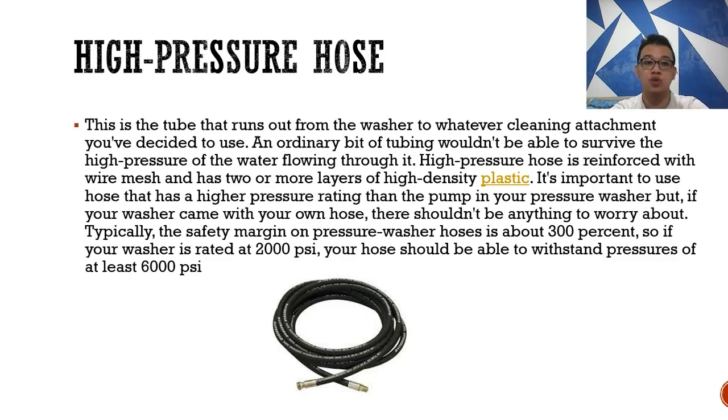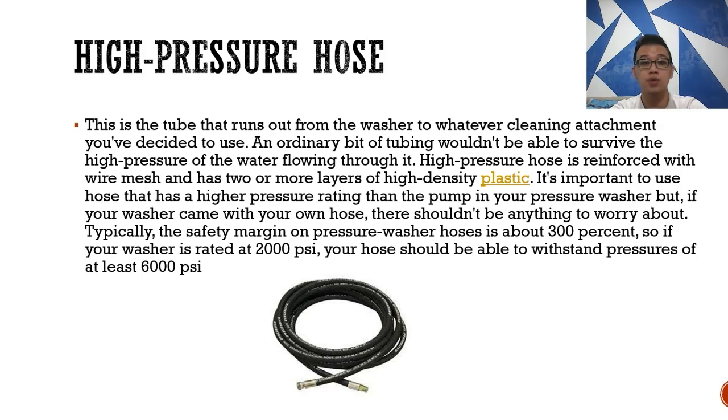High pressure hose. The high pressure hose is a tube that runs from the washer to whatever cleaning attachment you have decided to use. An ordinary bit of tubing wouldn't be able to survive the high pressure of water flowing through it. High pressure hose is reinforced with wire mesh and has two or more layers of high density plastic.